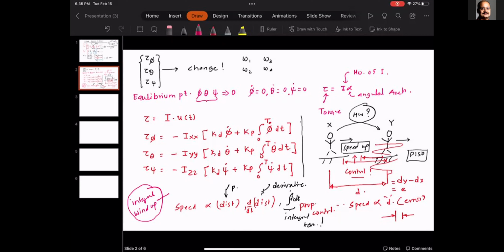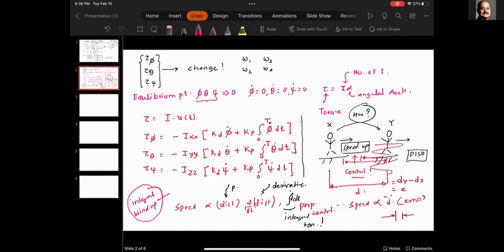So it is not a good idea to use an integral term when the disturbance is quite high, which means you are too far from your friend. So what they typically do is turn off the integral term if the disturbance is quite high. Which means if you are way too far from your friend, then you will not speed up or speed down based on the integral of the error, or integral of the distance, or distance multiplied by time.